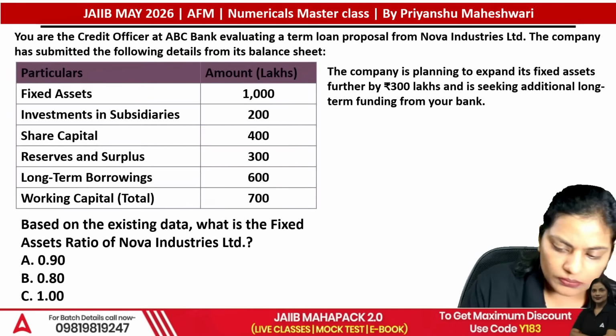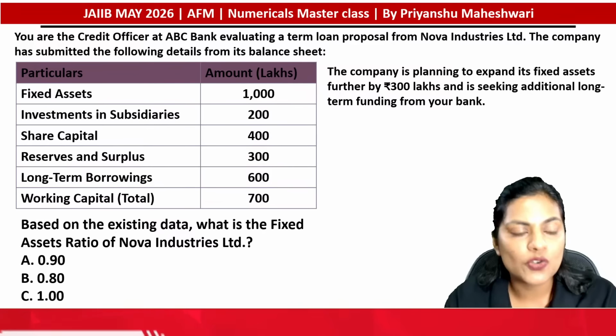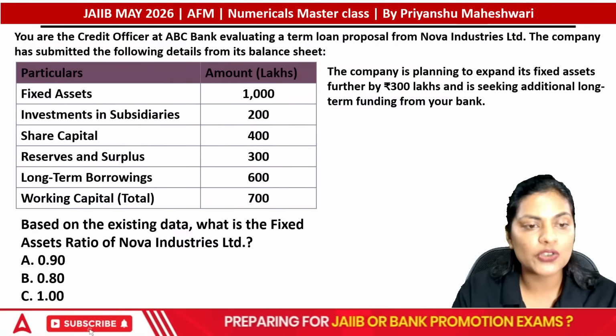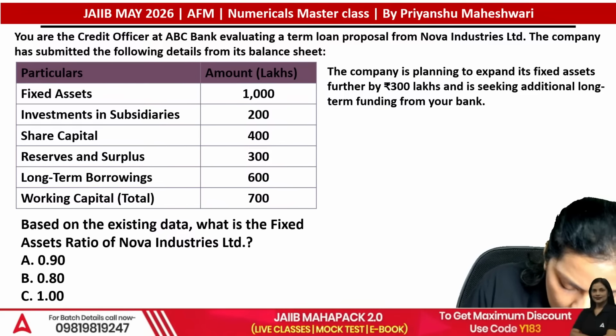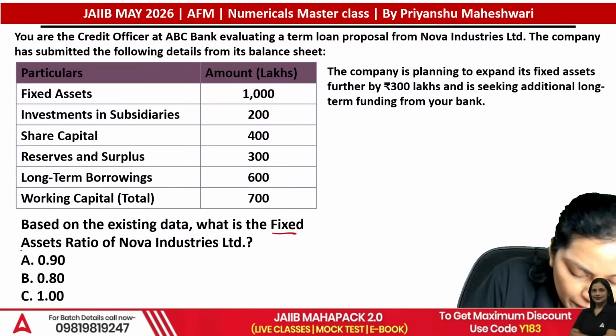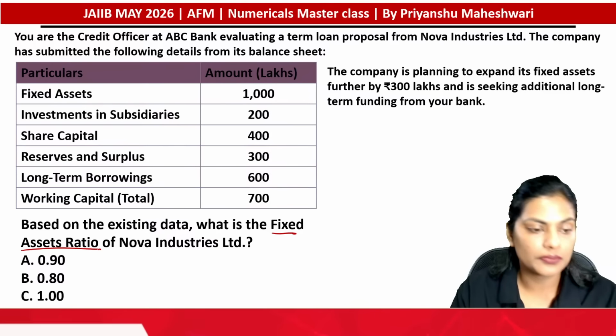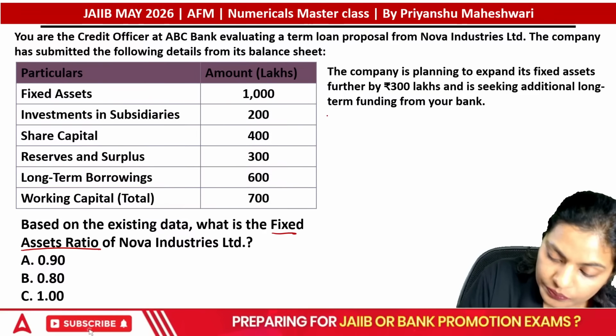Okay, wait. I have misplaced one question. I recalled it. I'll just come back to that question. You are the credit officer, so basically don't go with the theory wala part. It says that you are required to calculate the fixed asset ratio. You remember the satisfactory level?